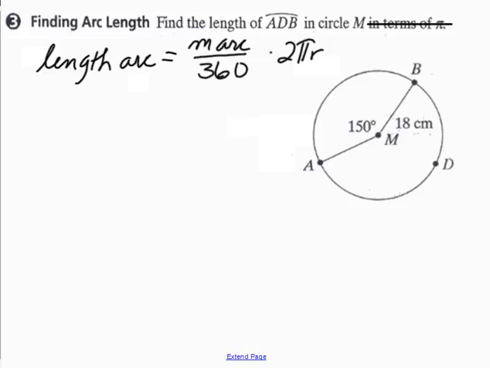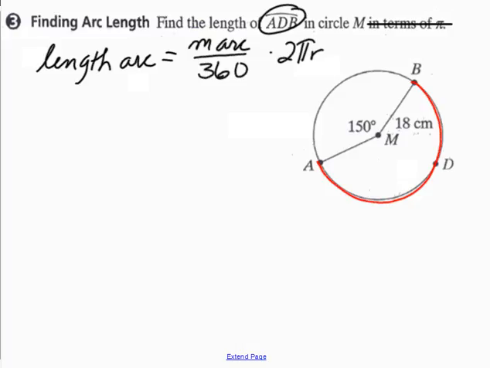Okay, so what does that mean? Well, we want to find the length of arc ADB. We want to find out how long that is. So what we need to do is plug in our numbers.